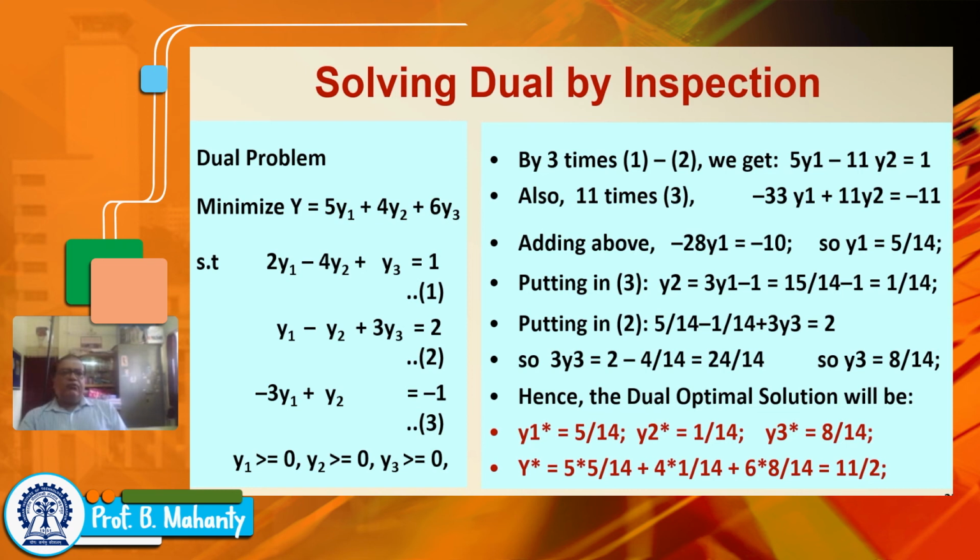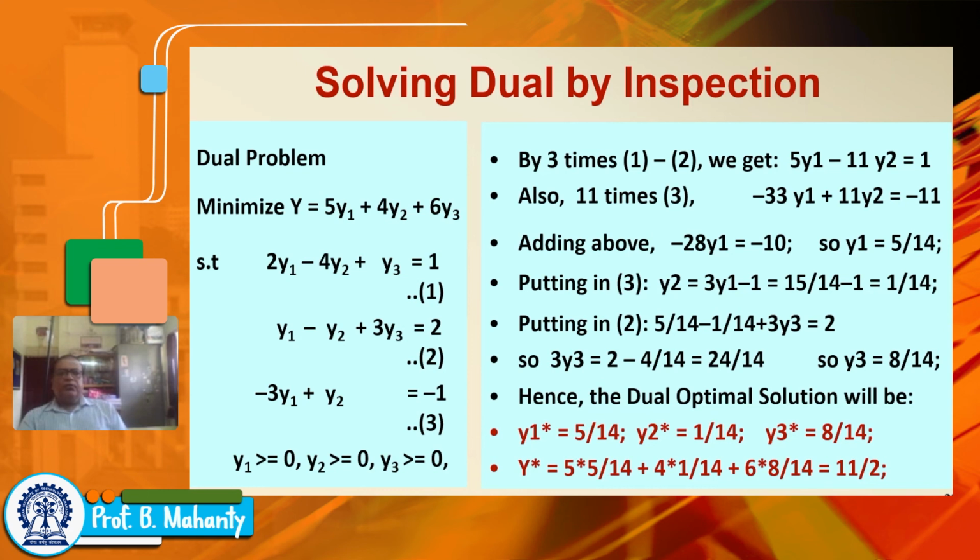See, these are 2y1 minus 4y2 plus y3 and y1 minus y2 plus 3y3. So if you multiply the first by 3, then it will be 3y3, then 3y3, and then deduct the second. So 3y3 will be cancelled, and therefore it will be 6y1 minus y1, that is 5y1, and this will be minus 11y2 equal to 1, isn't it?